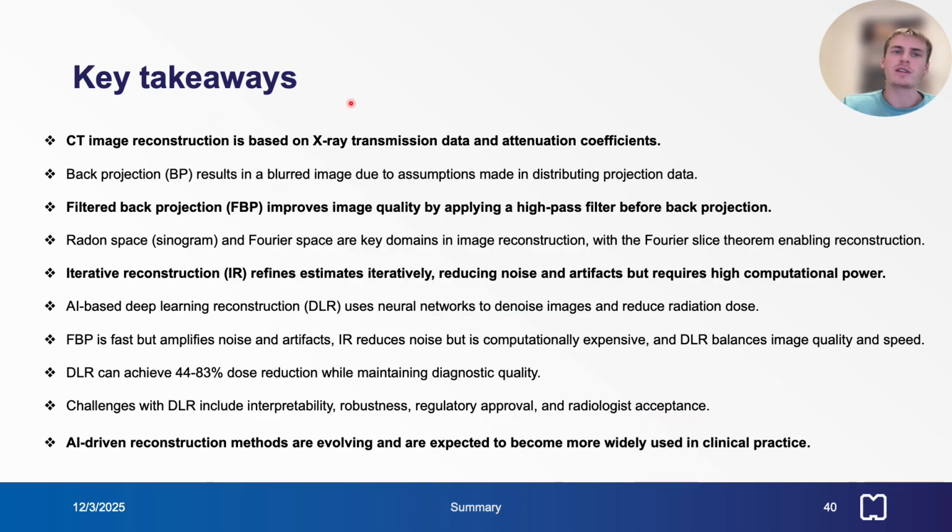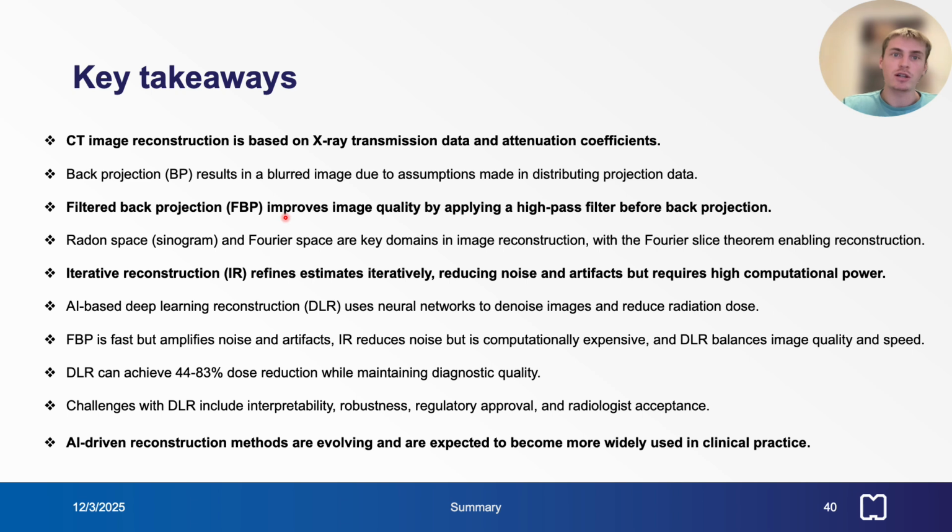So to go over some of the key takeaways of this talk, CT image reconstruction is based on X-ray transmission data and attenuation coefficients. This is the essence of image reconstruction. Back projection results in a blurred image due to the assumptions made in distributing the projection data.